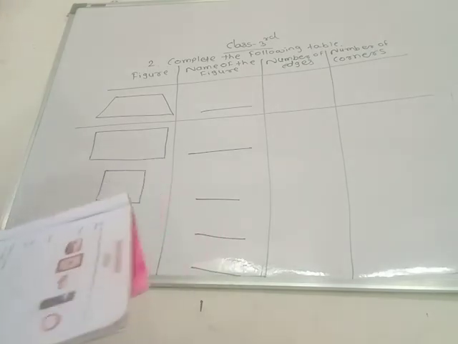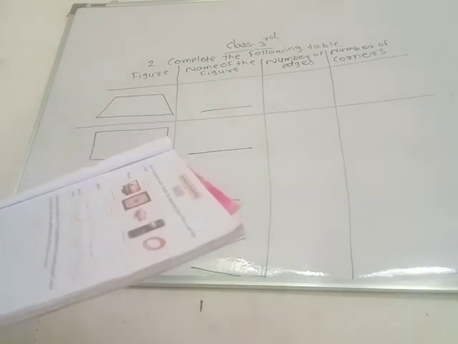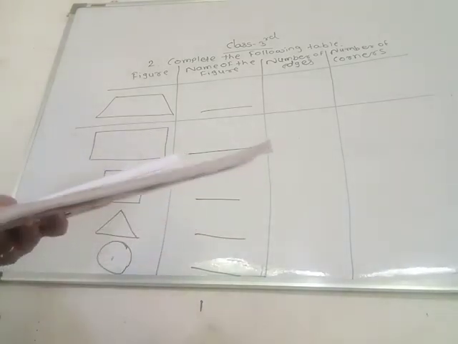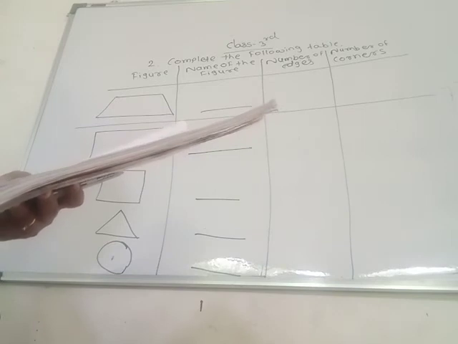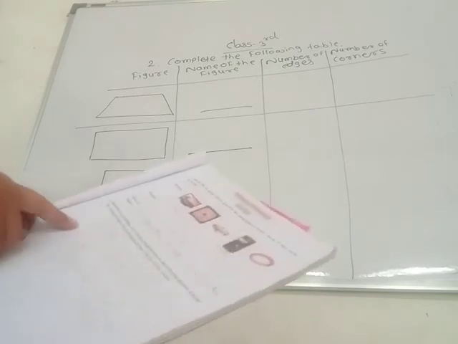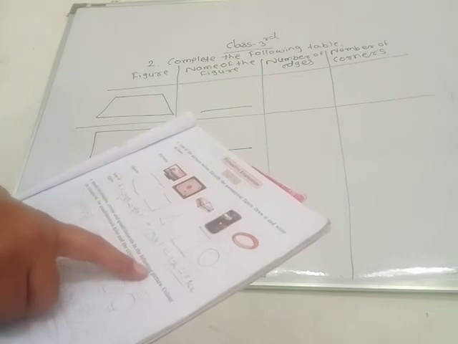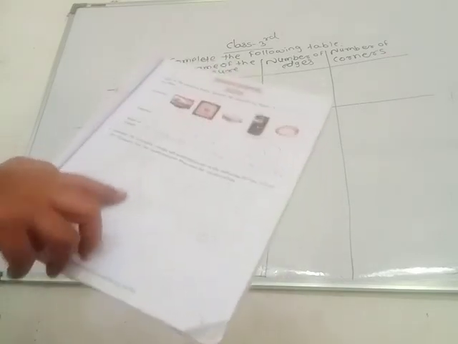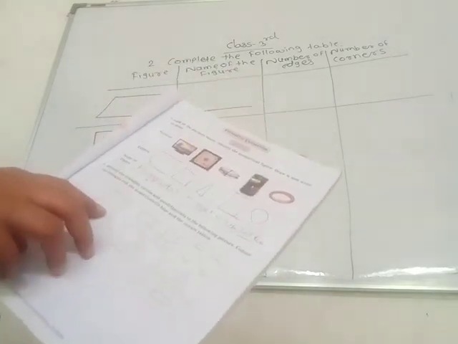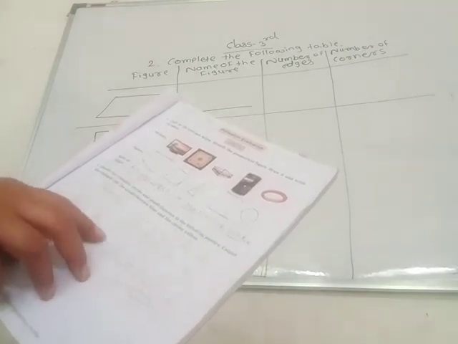Firstly, all of you take this textbook. Without the textbook you will not understand, so take your textbooks and complete this homework. Okay, then next question you see here: identify the triangles, circles and quadrilaterals in the following picture. Here one picture is given and you identify in this picture which ones are triangles, circles and quadrilaterals.